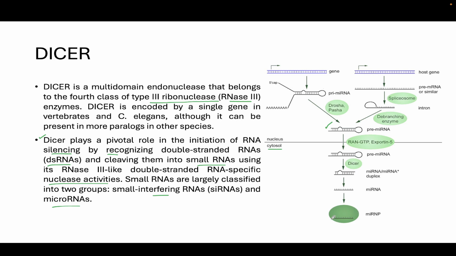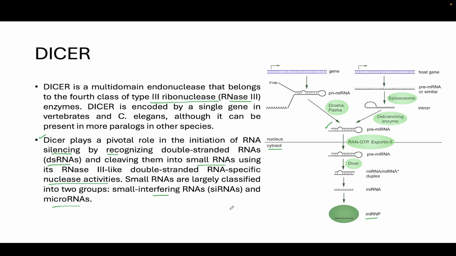When this miRNA interacts with the protein, it will be called miRNP, a miRNA protein complex, or ribonucleoprotein complex. Got it? Fine. So here is the function of Dicer, because we already talked about Dicer and RISC factor a lot of times, so I thought it is important for you to understand what is the function of Dicer and what it is.